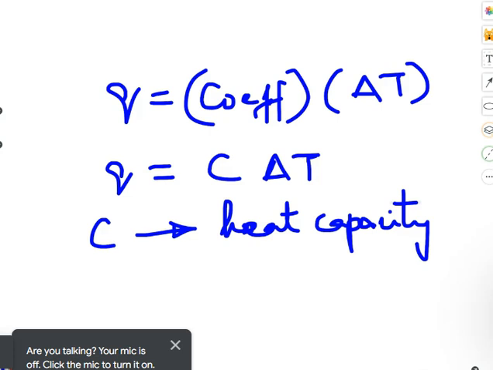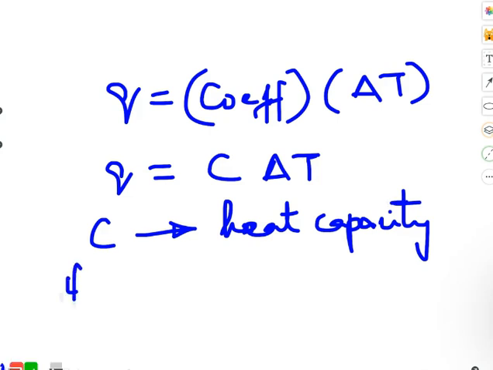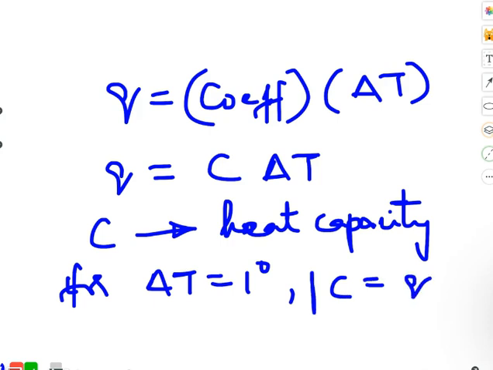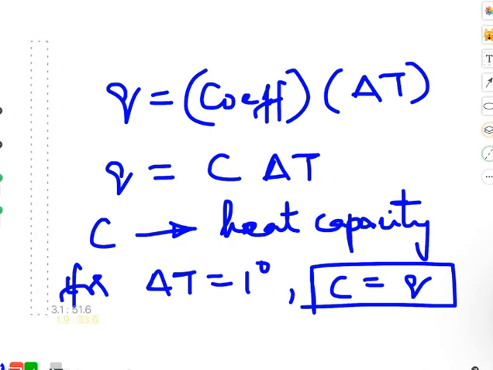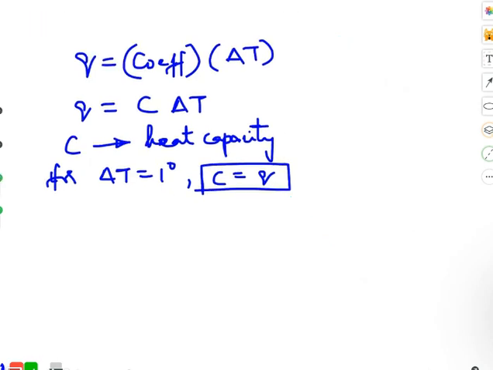Now, when del T is equal to 1 degree, what does that mean? So what does heat capacity mean?